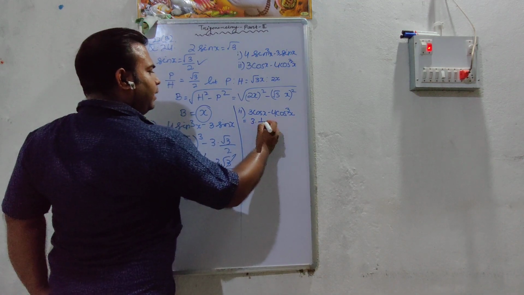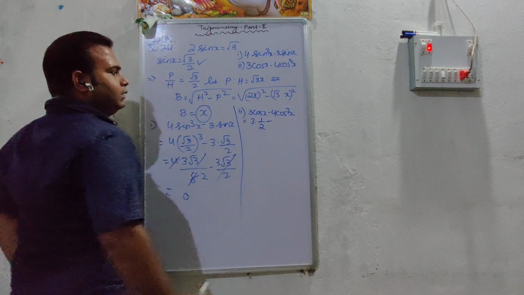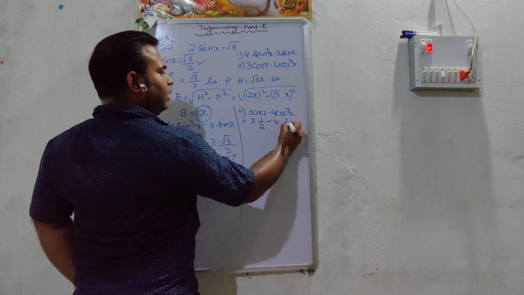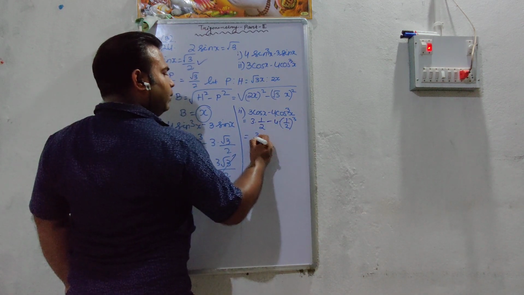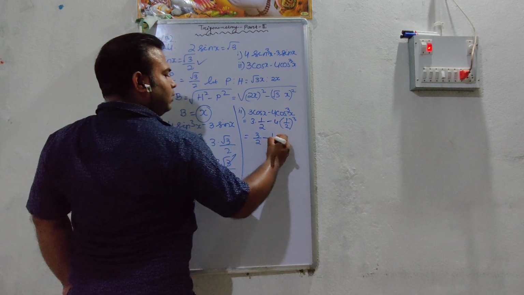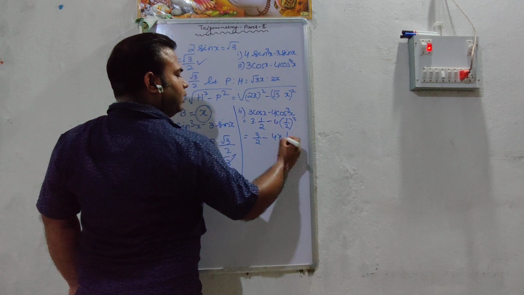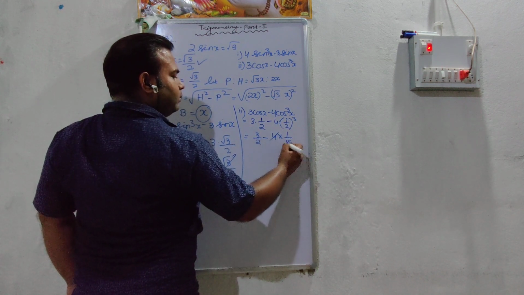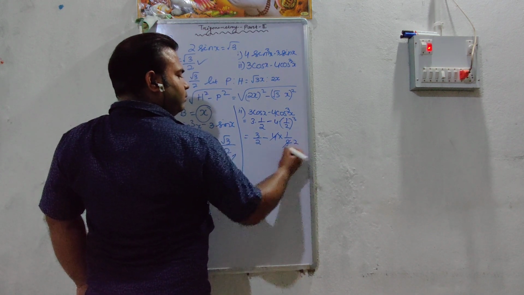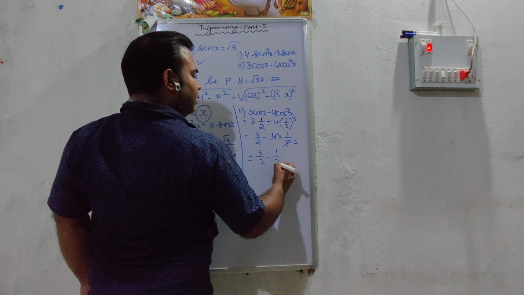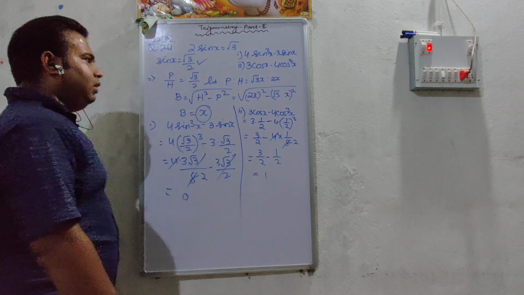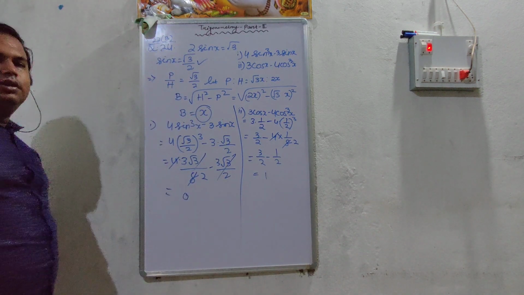So 3 into 1 by 2 minus 4 into (1 by 2) whole cube. It will be 3 by 2 minus 4 into 1 by 8. It will be 3 by 2 minus 1 by 2. It will be 1. This is the required answer. Understood?